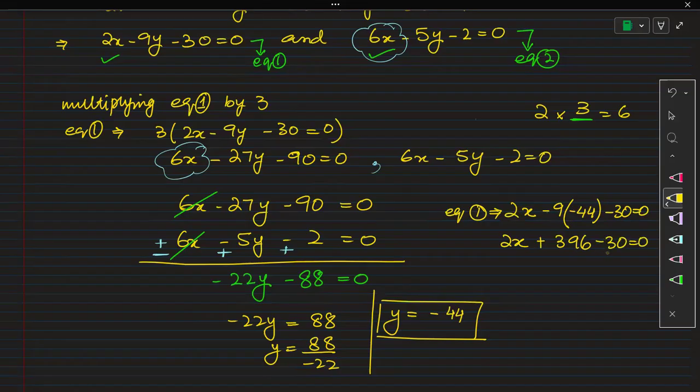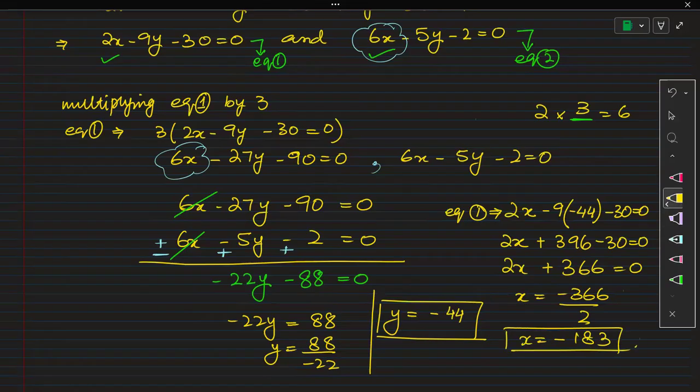And when you subtract 30 from 396, what will you get? 366. Then we have to shift this 366 to the other side and drop this 2 down. So what should we get? 366 by 2? 183? Yeah. Okay.